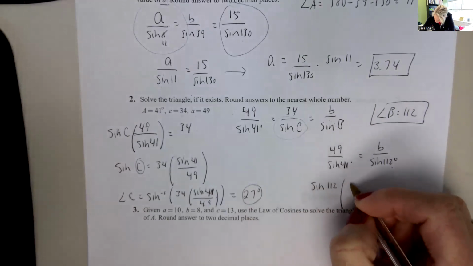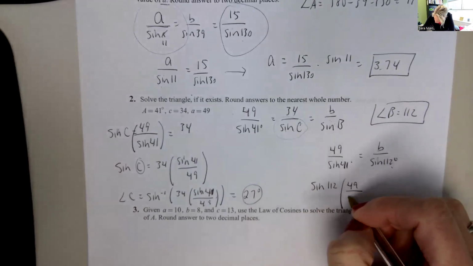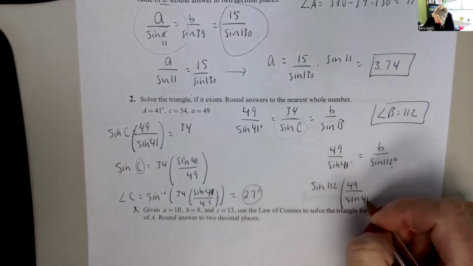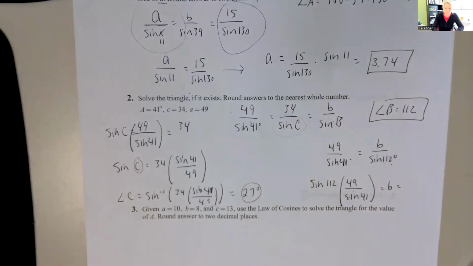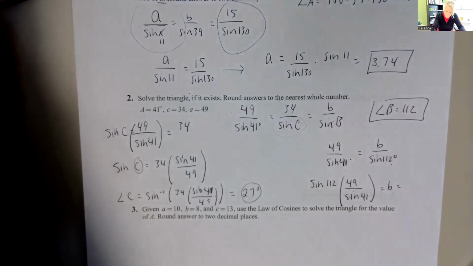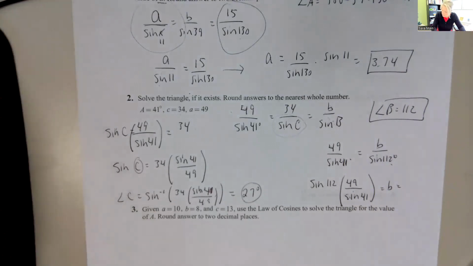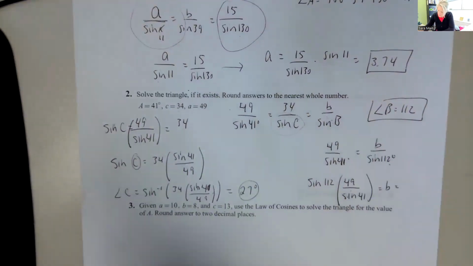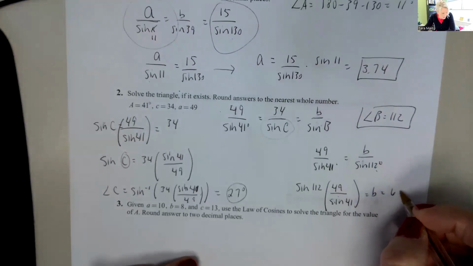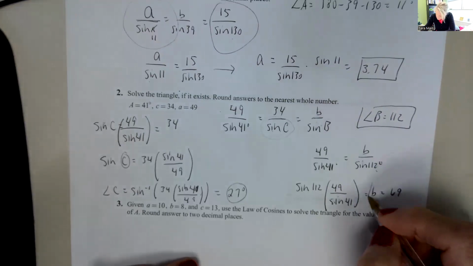So the sine of 112 times 49 over the sine of 41 is going to equal my side B. And I'm going to go ahead and do that in the calculator, and I get my side B is equal to 69.